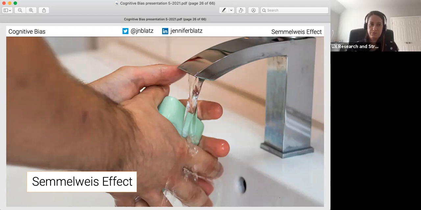So the term originated from the story of Ignaz Semmelweis, a doctor who discovered that, wait for this, mortality or death rates fell 10 times when doctors washed their hands in between patients, and most particularly after an autopsy and then going to a live patient.